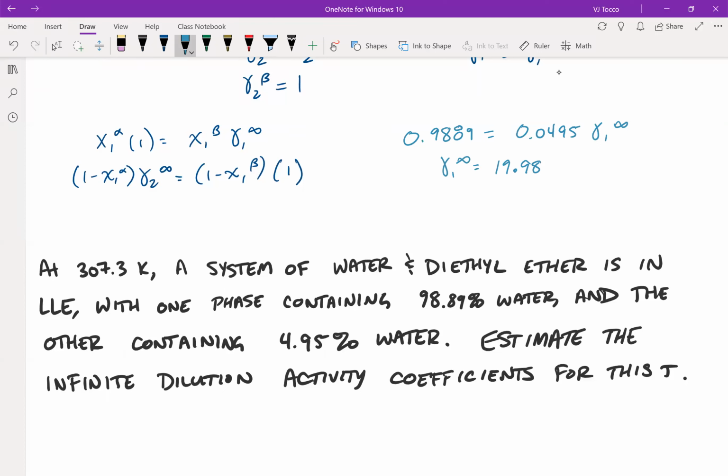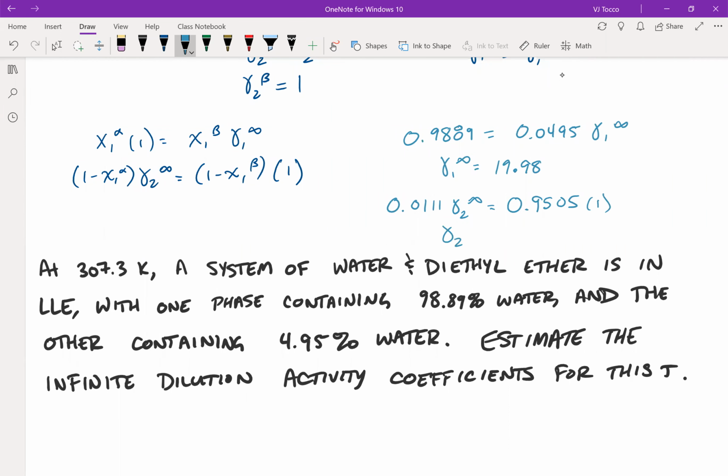For the other one, 1 minus 0.9889 is 0.0111, times gamma 2 infinity equals 1 minus 0.0495, which is 0.9505, times 1.